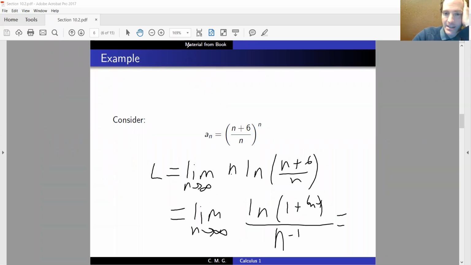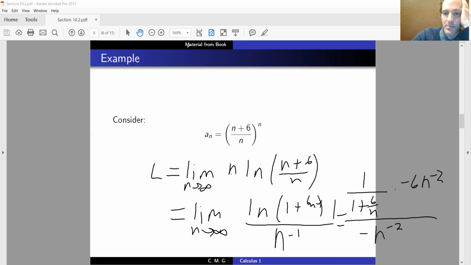Okay, so now I differentiate the top and the bottom, because I've got a natural log of 1 on the top, which is 0, and then the bottom goes to 0 as well as n goes to infinity. So I differentiate top and bottom. I end up with 1 over (1 plus 6 over n) times the derivative of the inside. The derivative of 1 is 0, the derivative of 6 times n to the -1 is -6 n to the -2, all over negative n to the -2.